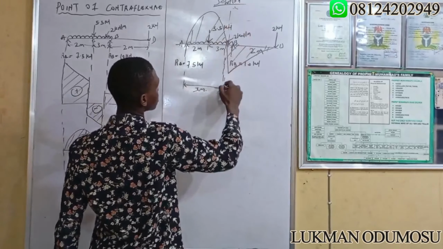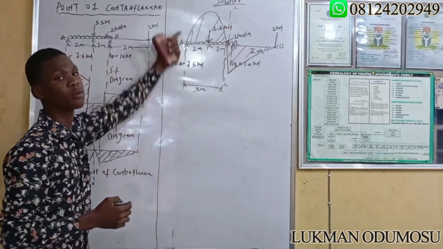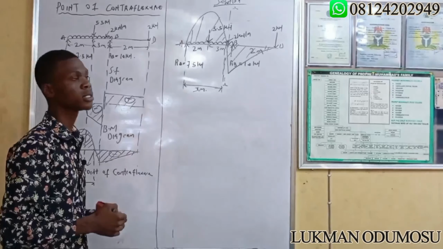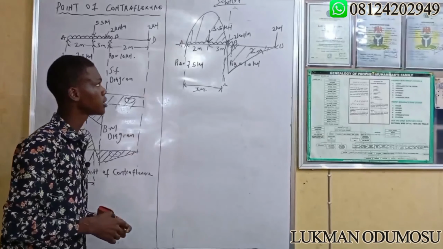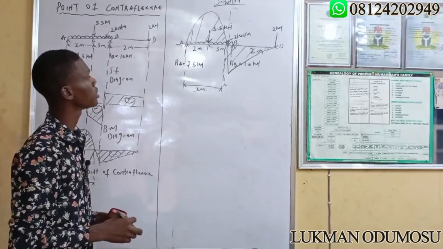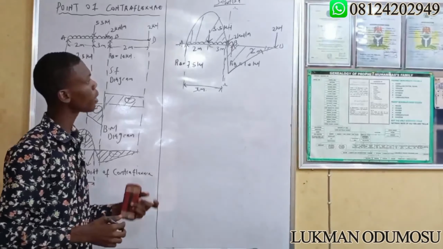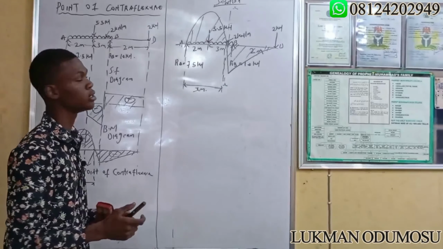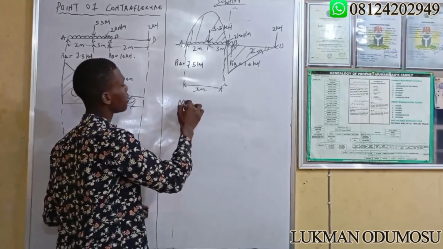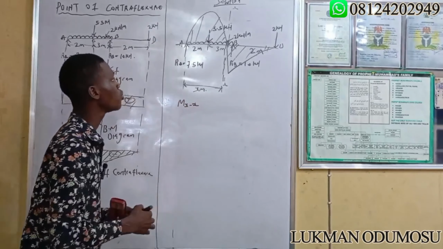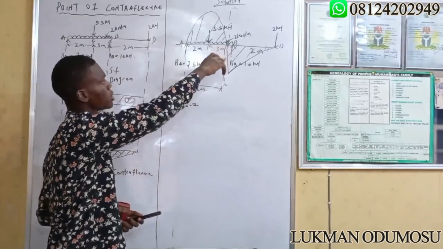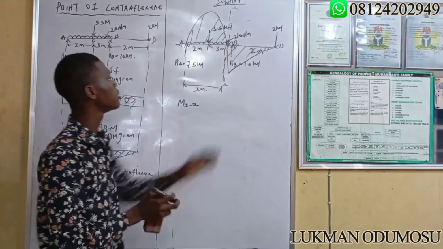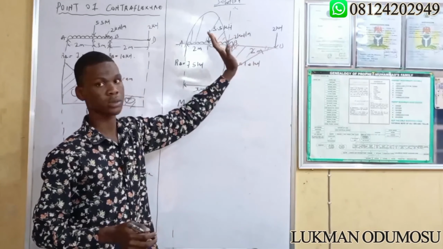Section it at XX, a distance x from the left hand support, right? The next step is to take moment about that point being sectioned and denote the moment as Mxx, meaning we are taking moment at this point, right? Neglecting this part.